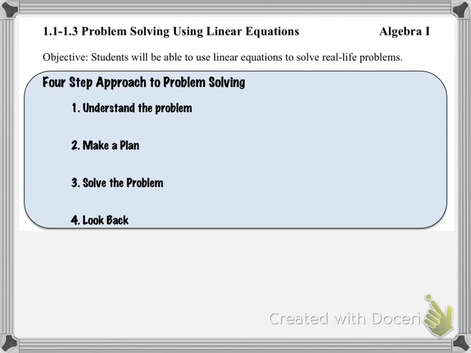That's our objective. Okay. So our 4-step approach to problem solving. Number 1, first you have to understand the problem. Figure out what it's asking you. What is the problem asking? A lot of times that involves knowing what is the unknown. What is the stuff that we don't know?